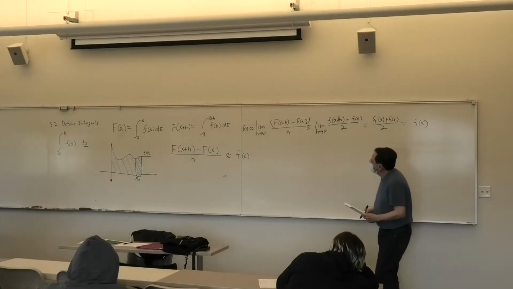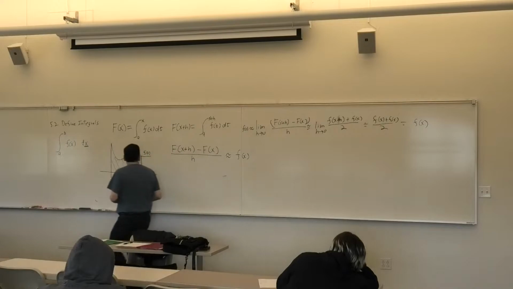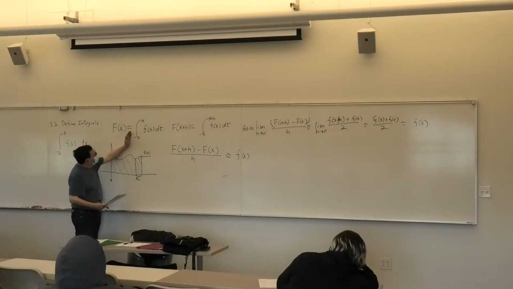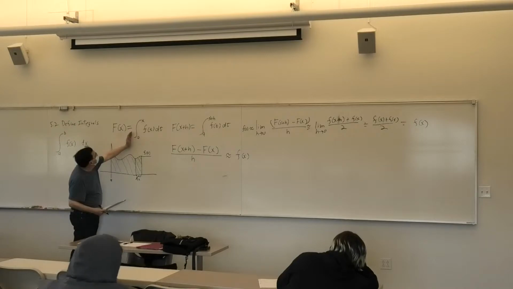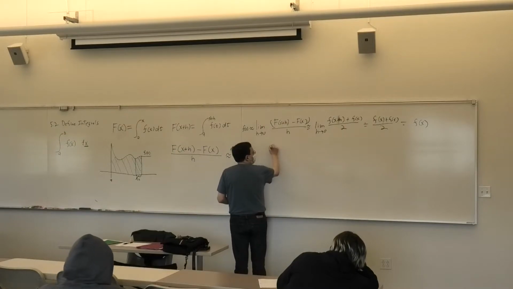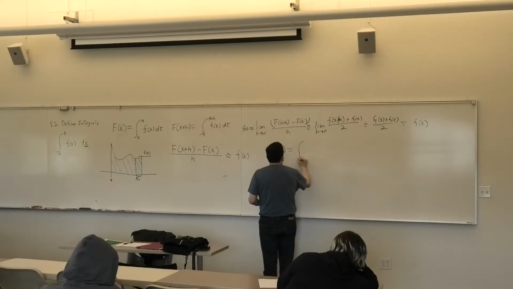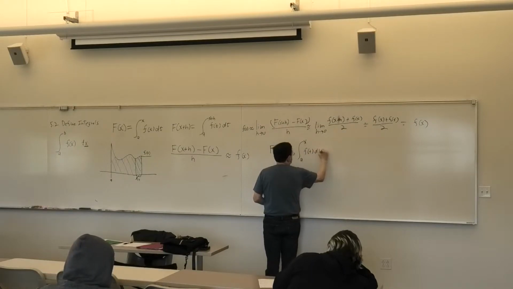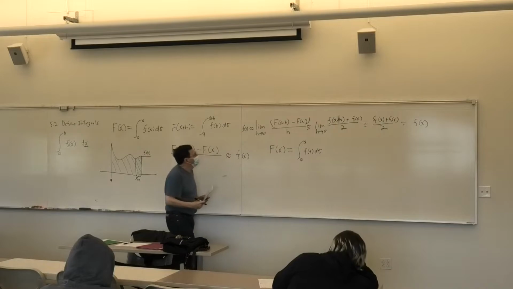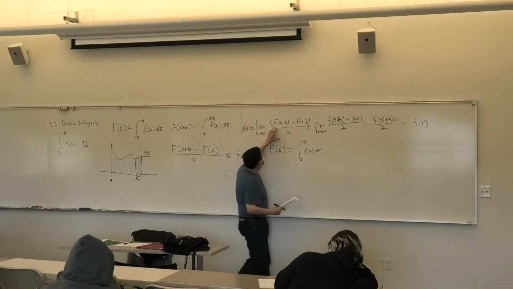Now I have to think a little here. What have we done? We found that, I guess I'll rewrite this, that if f of x is equal to this integral, we take the limit of f of x plus h minus f of x over h.